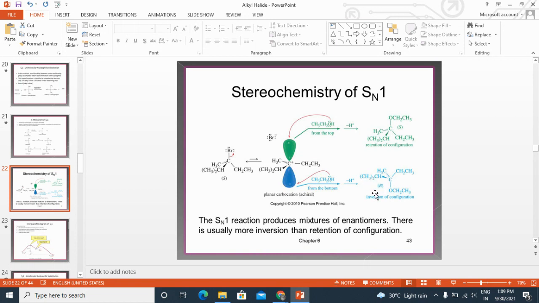So it is the inversion of configuration which takes place. It is just like an umbrella in a very high storm, where the umbrella handle is on one side and the complete umbrella is on the other side. A similar type of structure will be there.